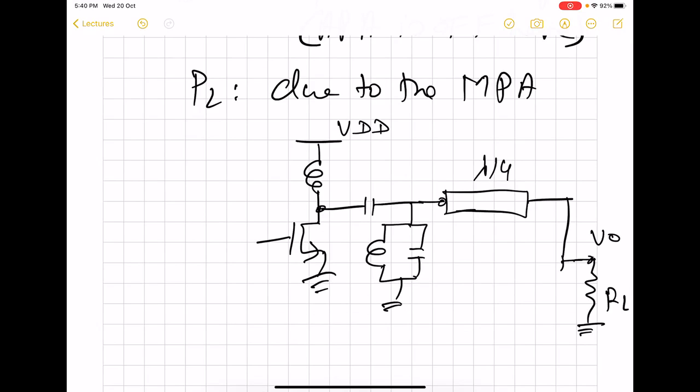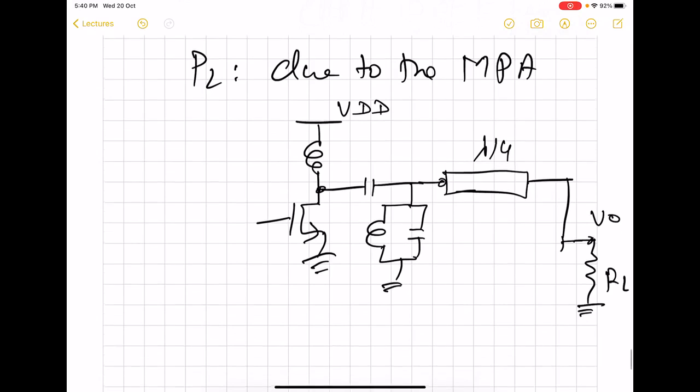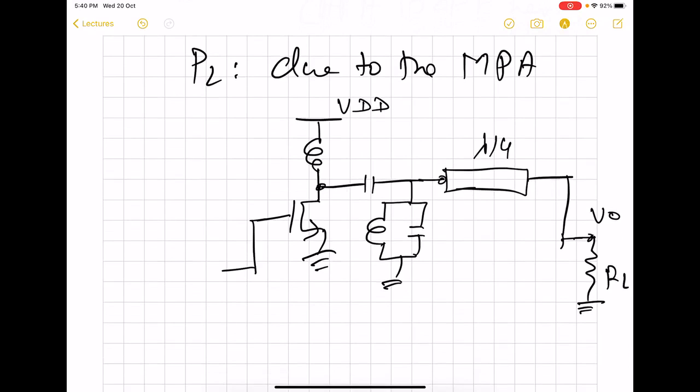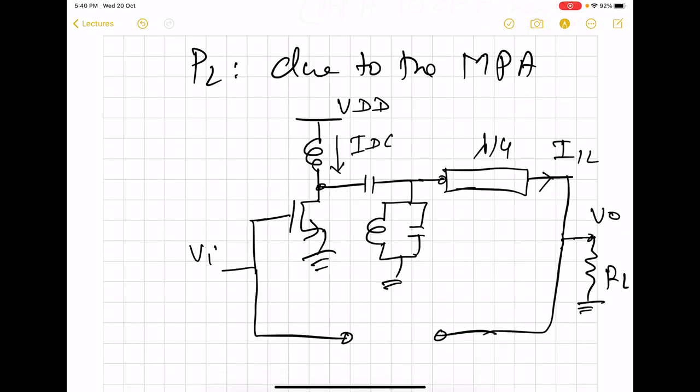So to find out efficiency for this case, the auxiliary power amplifier is open. So we need to find out what is IDC that is being drawn from here, and what is the current to the load.